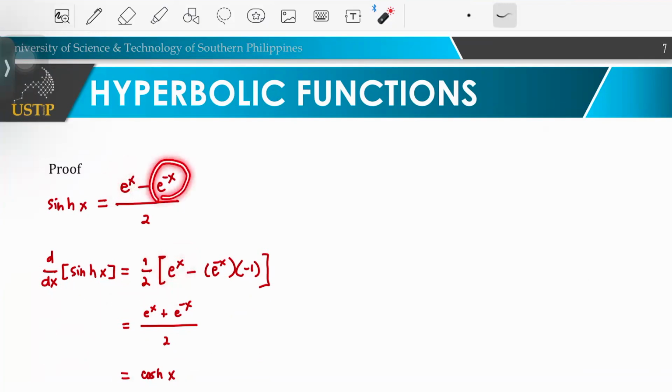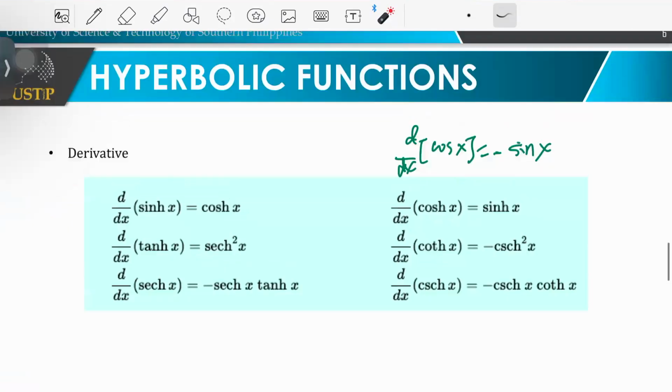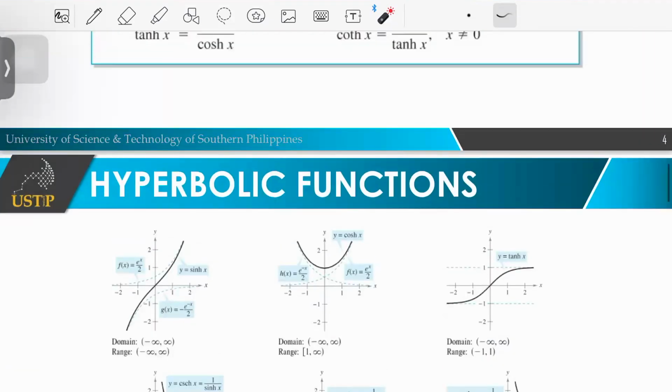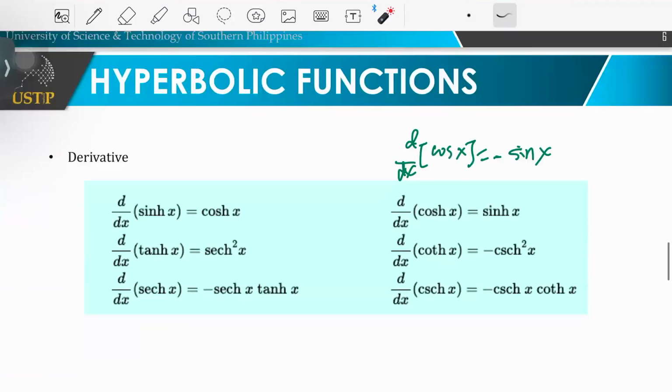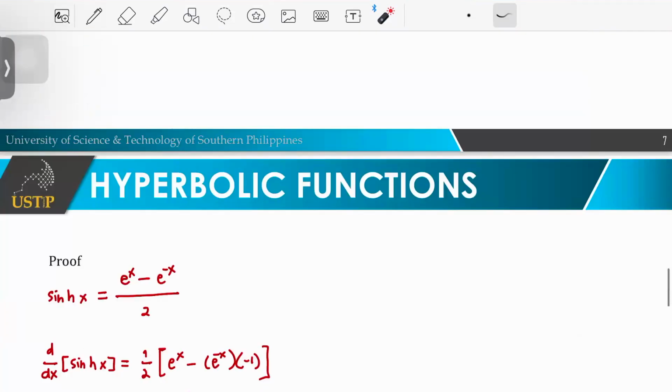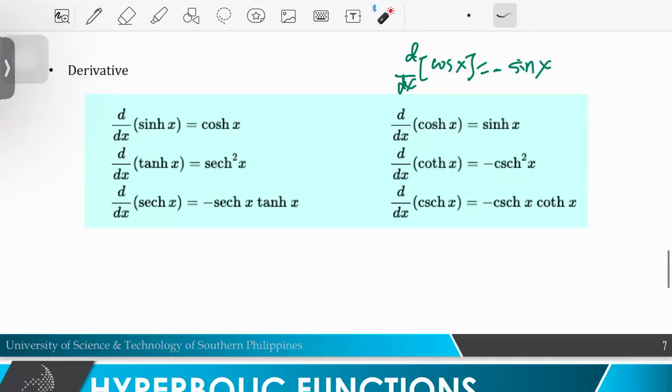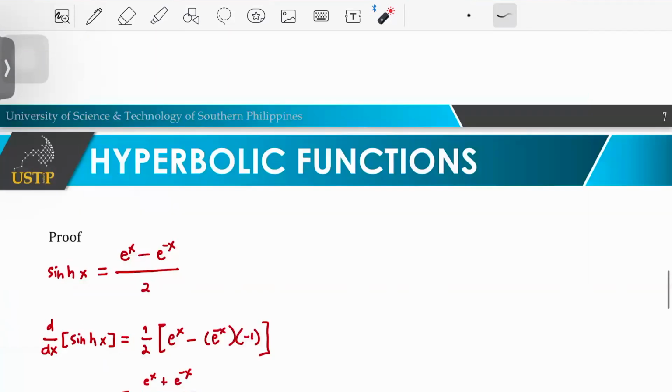Minus, for e to the negative x, copy it, then multiply by the derivative of negative x, which is negative 1. So it becomes a plus. You get e to the x plus e to the negative x over 2, and that is equivalent to your hyperbolic cosine. So this is what you should remember, so you can remember the other functions more easily.